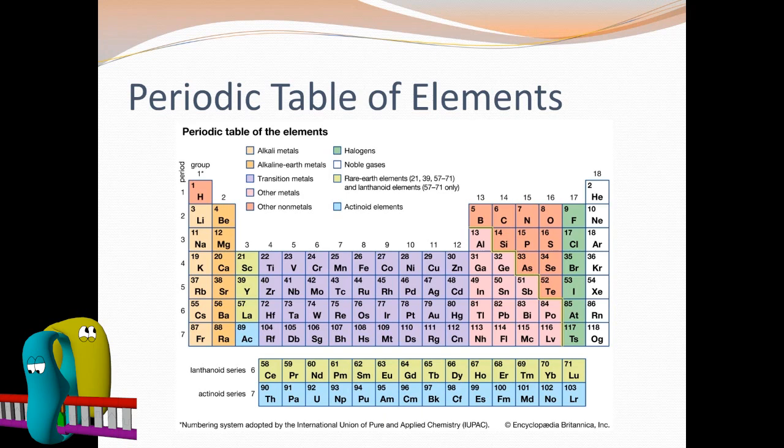Now, when I say make up everything in the universe, this is everything that is made up of identical atoms. You can split things down into more and more fundamental particles. So, for example, you can split the proton and the neutron up, and you can take electrons off atoms and put them onto other atoms, which is where we get ions from. But these are the chemical elements which make up everything in the universe.